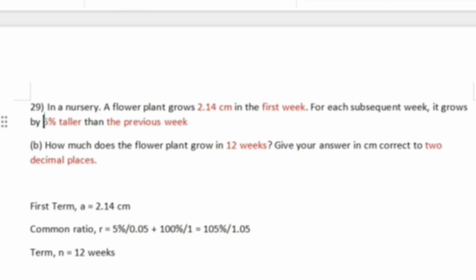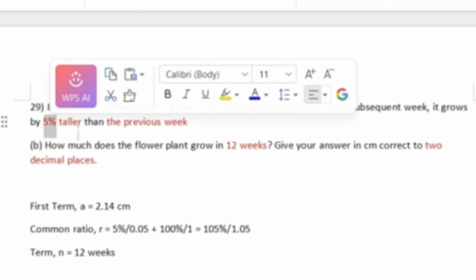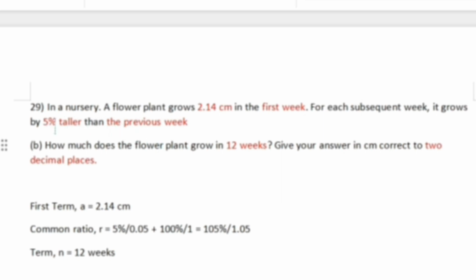So we find out that 5% is our common ratio, but we need to add it to 100% because it says taller than the previous week. So the conclusion is 100% plus 5% equals 105%.